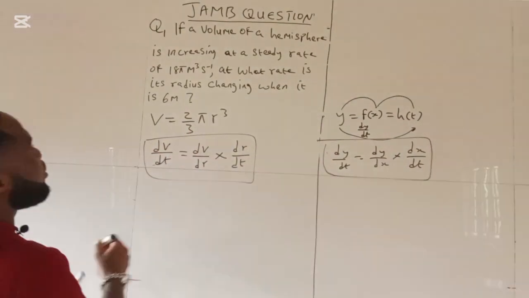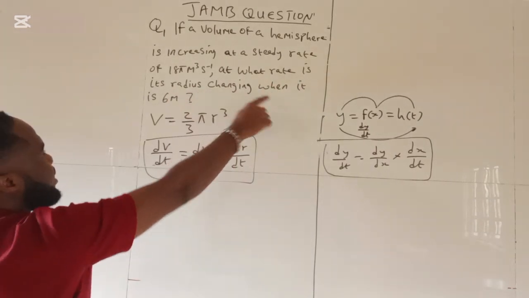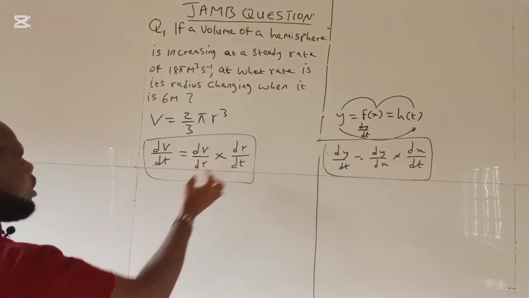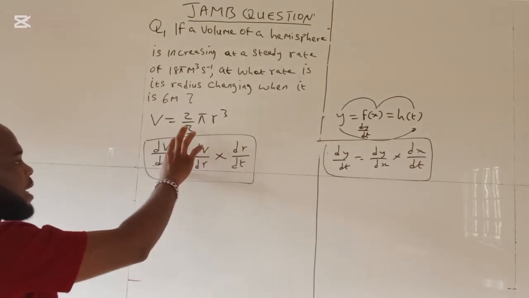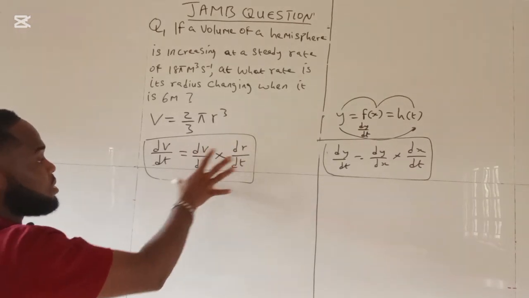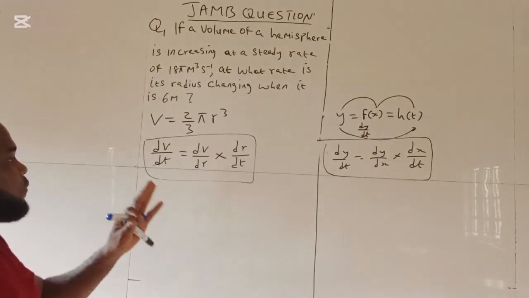From the question, at what rate is its radius changing when it is 6 meters? That means we're looking for dr/dt. So we're going to find dV/dt and also dV/dr, then make dr/dt the subject of the formula.